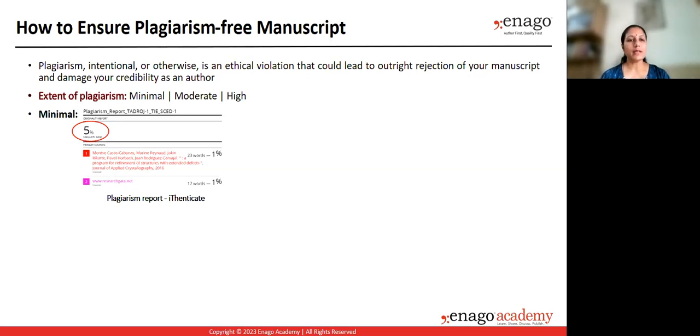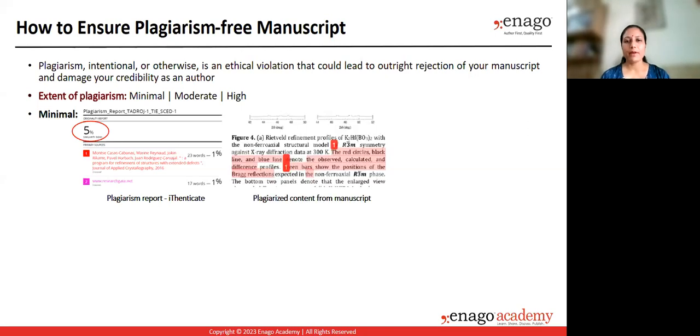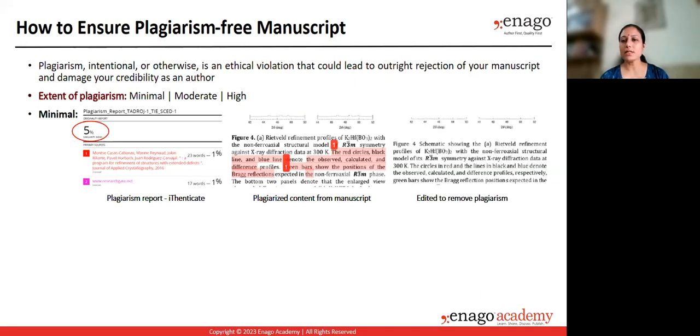As you can see in the plagiarism report, the similarity index percentage is 5. The text highlighted in red is the plagiarized content, and this was taken from the first paper listed in the plagiarism report. Once this content has been edited, the editor was able to remove the plagiarism in this section of the paper.